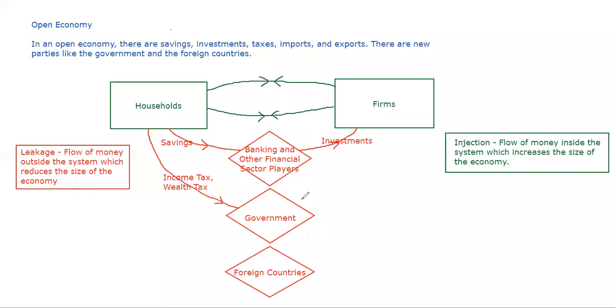And the firms also pay taxes to the government in the form of corporate tax or business tax and a host of other taxes.